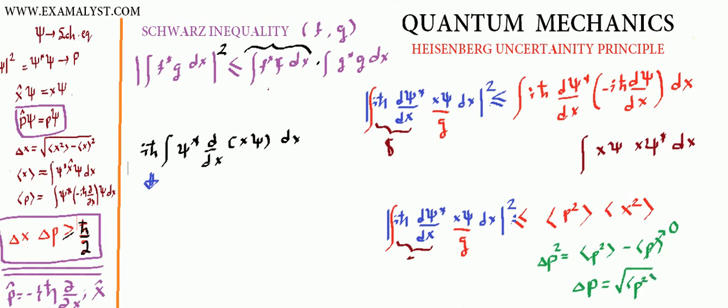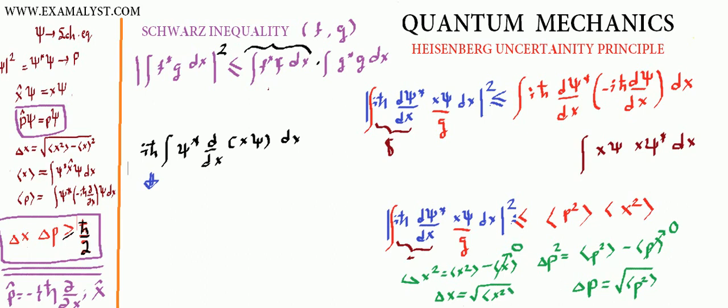Agreed? Similarly, for x, you know that the uncertainty in x squared is given by the expectation value of x square minus the square of the expectation value of x. If somehow the second term goes to 0, then the uncertainty in x is equal to the root of the expectation value of x square.